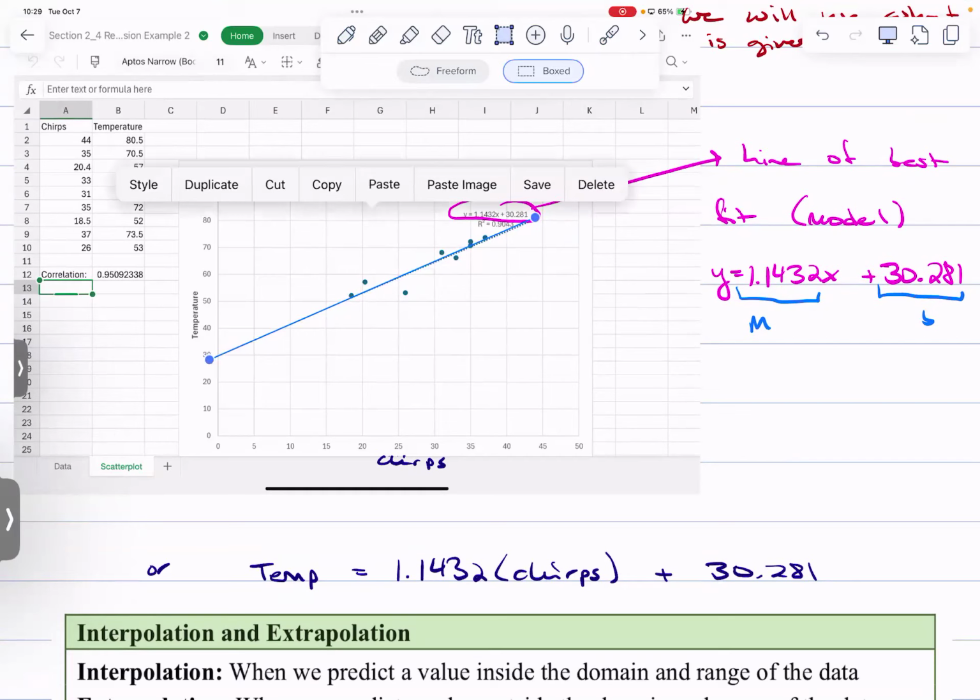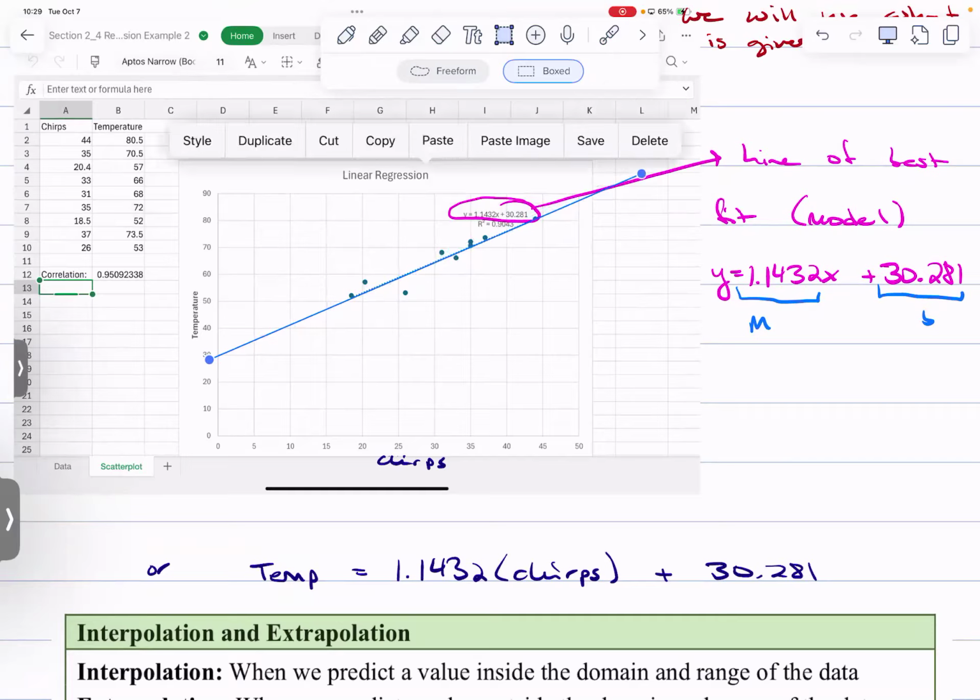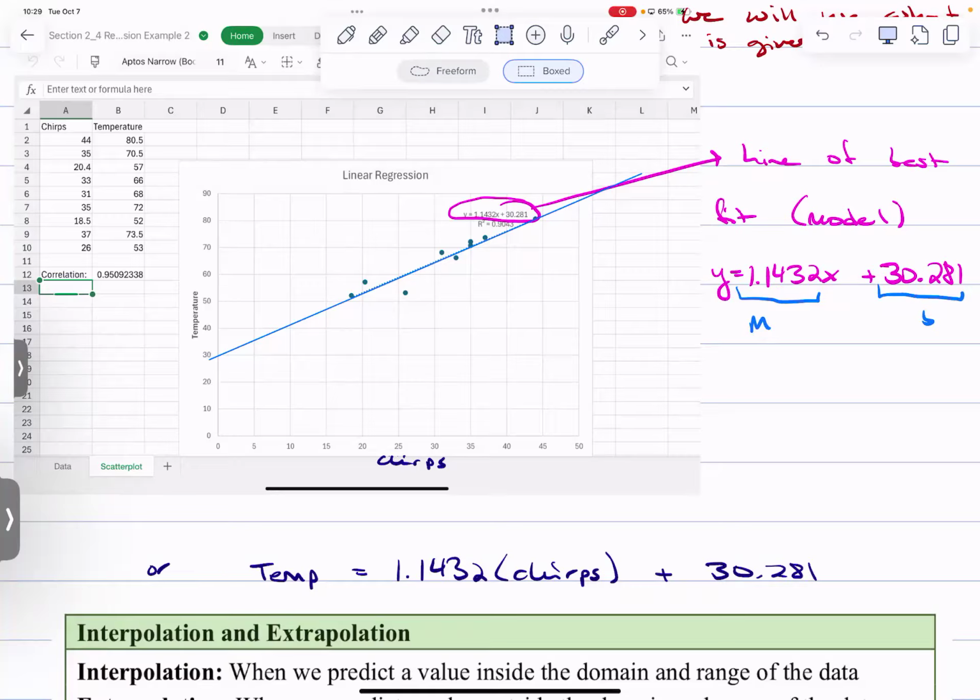Keeps going and going, in both directions. I'll extend it all the way. That's what's nice about lines, but also the trouble with lines, because it means we can use these lines for any value. But we only built it on these data points.